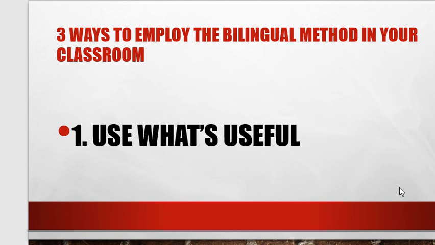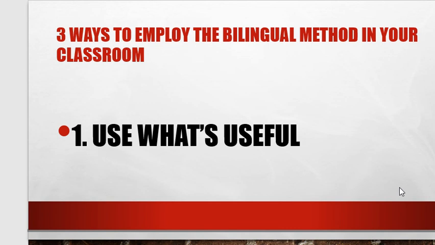Would I kill them by boiling them in a hot pot, or would I skin them alive? Don't be a slave to a system that isn't an effective tool for your students. As Bruce Lee said, adapt what is useful, reject what is useless, and add what is specifically your own. So you could always use bilingualism, but do not overuse it. Because sometimes when you overuse one method, it would be helpful for some students, but maybe you are just making greater damage.